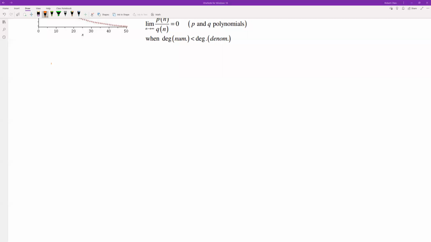So in general, if the sequence is approaching some constant L as n approaches infinity, another way to say that is if we take the limit as n approaches infinity of a_n, right?